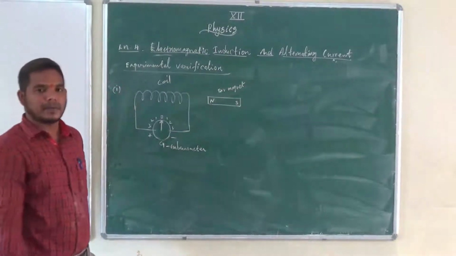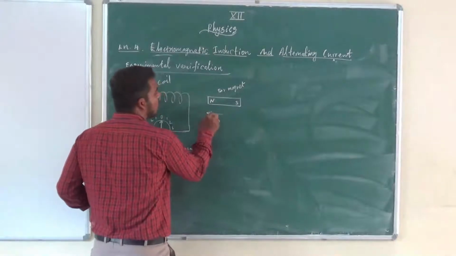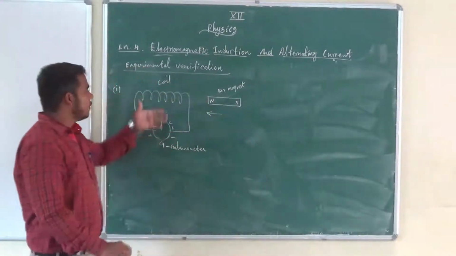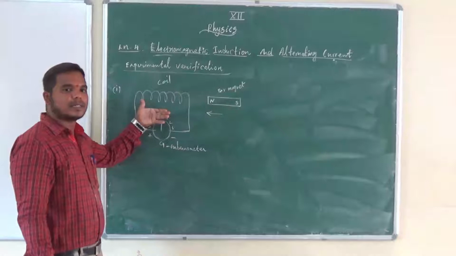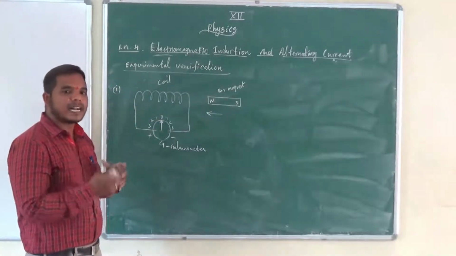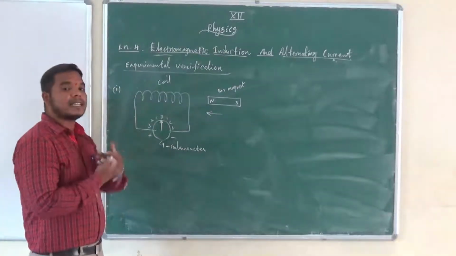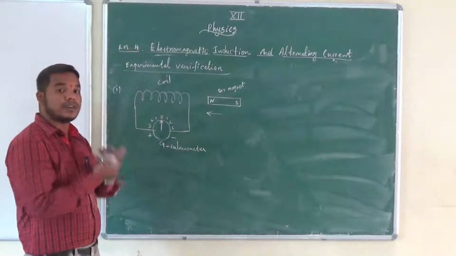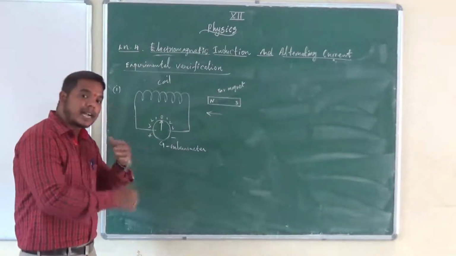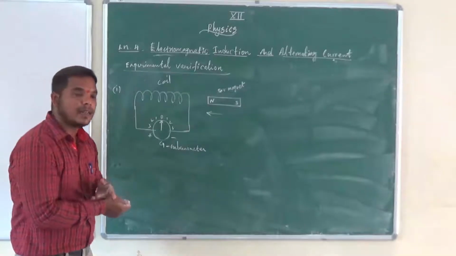How will we do the experiment? When the magnet moves towards the coil, the magnetic flux, or the magnetic lines linked with the coil, will change.